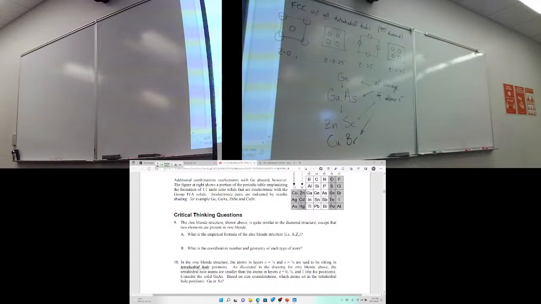And the coordination number? While this is diamond, it's almost exactly the same as this, except the hole positions, right here and here, are just different atoms. So it's the same. The holes are touching 4 things, these 2 and these 2.